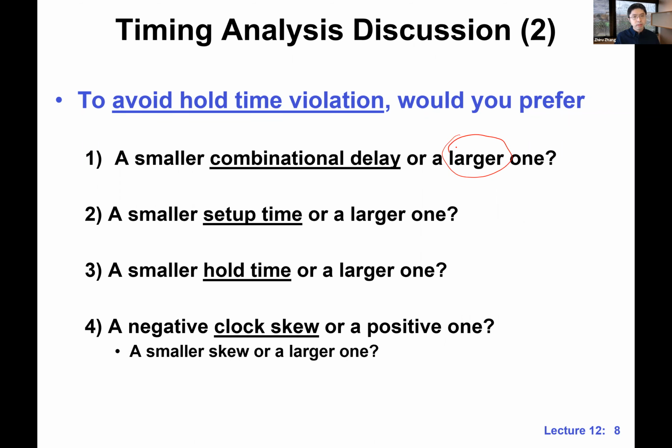Okay, we want larger delay. Smaller setup time or larger one? Do we need to care about setup time when we look at the hold time violation? Very good. Again, not relevant.